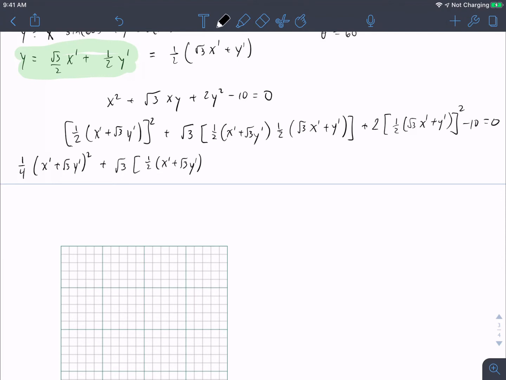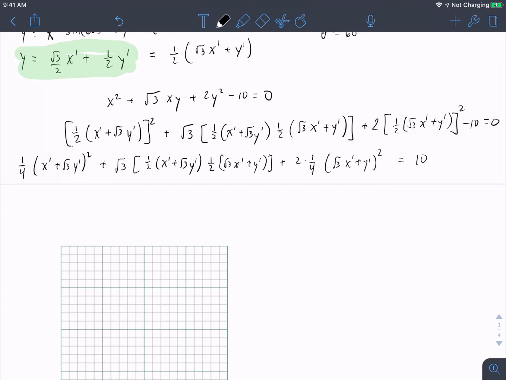In fact, I'll just leave it like that for now. 1/4 radical 3 x' plus y', plus 2 times 1/4 (radical 3 x' plus y'), that quantity squared. And then what I'm going to do is move the 10 over to the other side, just to try and clean this up.